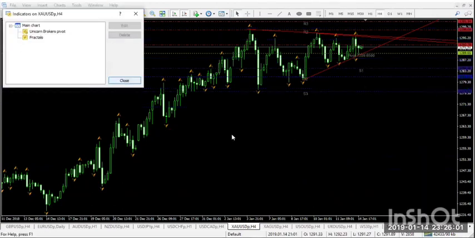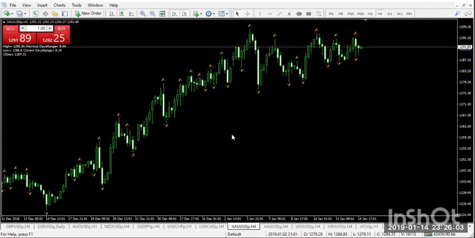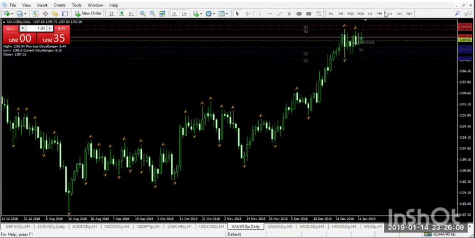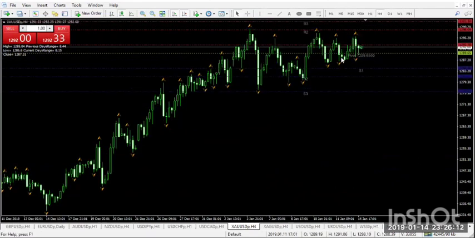For example, in the gold chart, the new market has been started from here. Exactly around here. So it has broken the central pivot and it has touched R1.